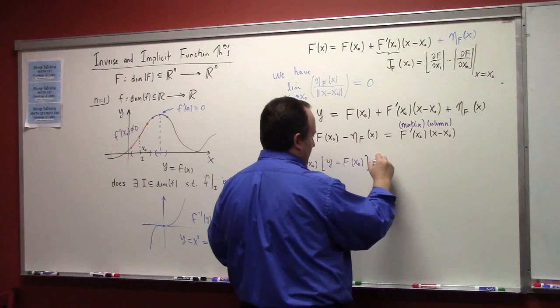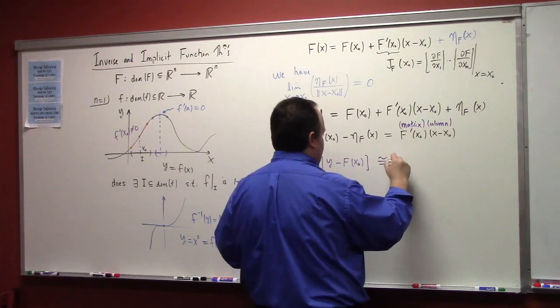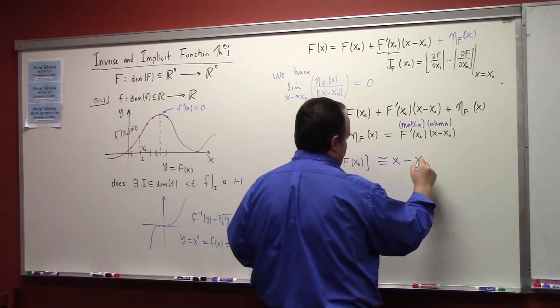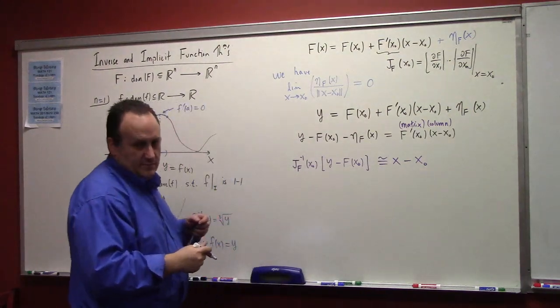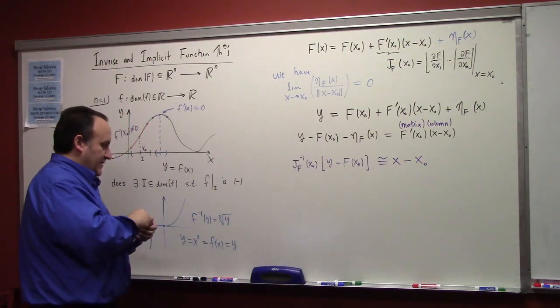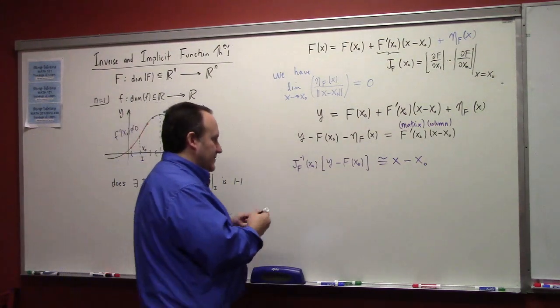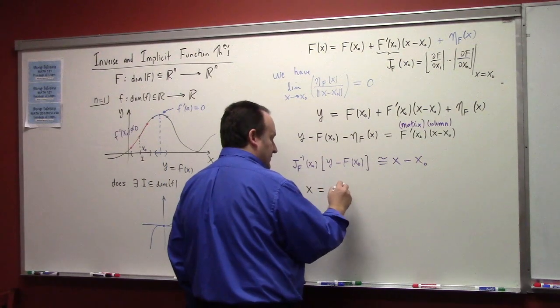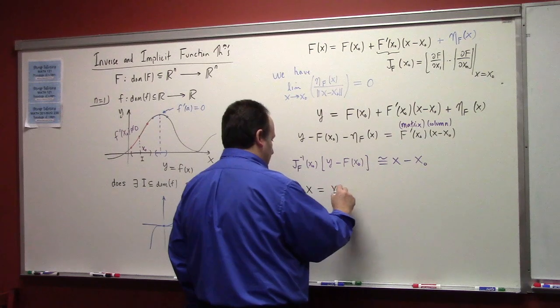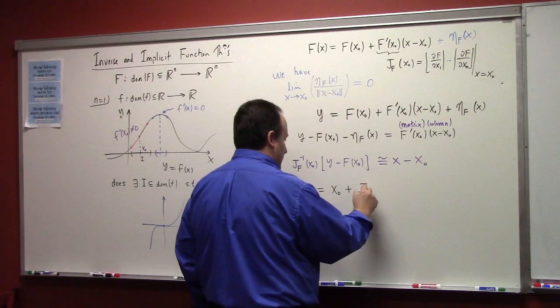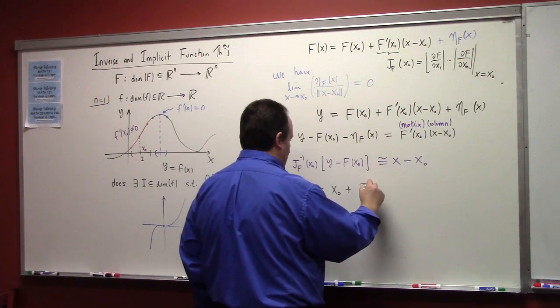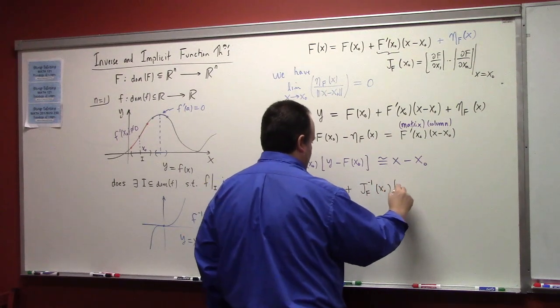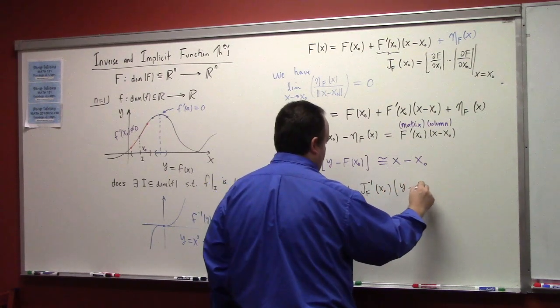Well, it's approximately x minus x naught, right? That's true. So to an approximate truth, x is equal to x naught plus the inverse of the Jacobian here at x naught times y minus f of x naught.